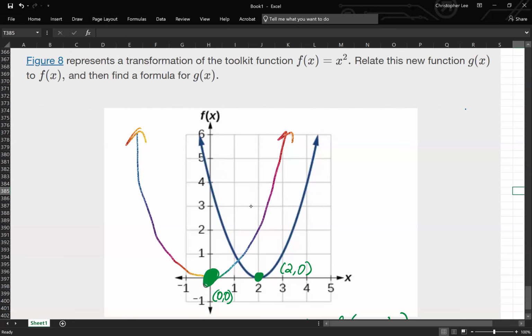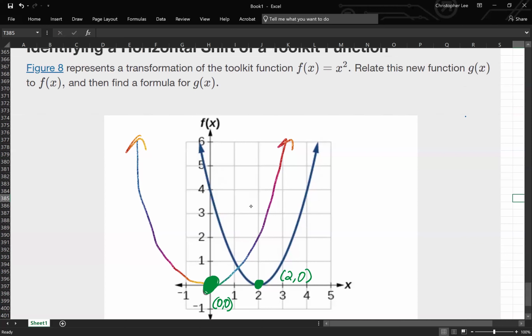But they gave it to us: f of x equals x squared. X squared is the original parabola, the rainbow parabola that I have there. I just focused in on the origin to make it easy. I could have used any point on that graph. I could have found a similar point on both and then just compared them. The origin was just the easiest one because 0, 0.